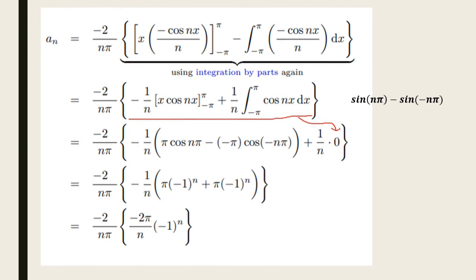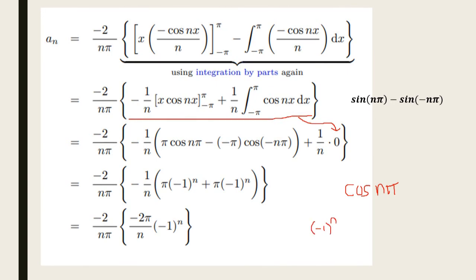It is because here we have cosine n pi. What if n is 1? Cosine pi is negative 1. What if n is 2? Cosine 2 pi is 1. So it is just as simple as negative 1 raised to n.